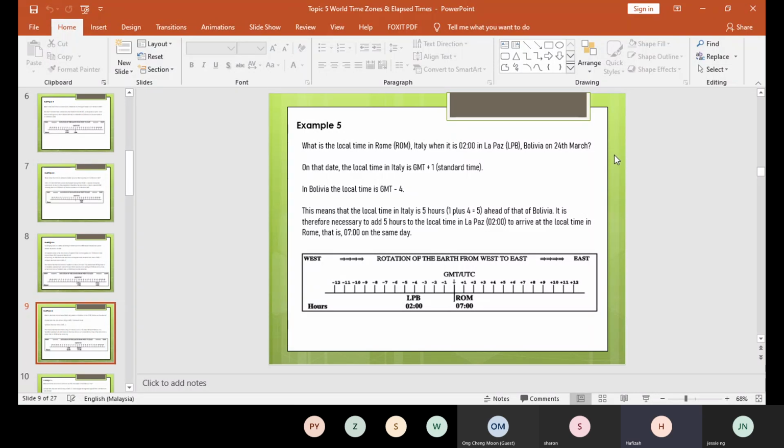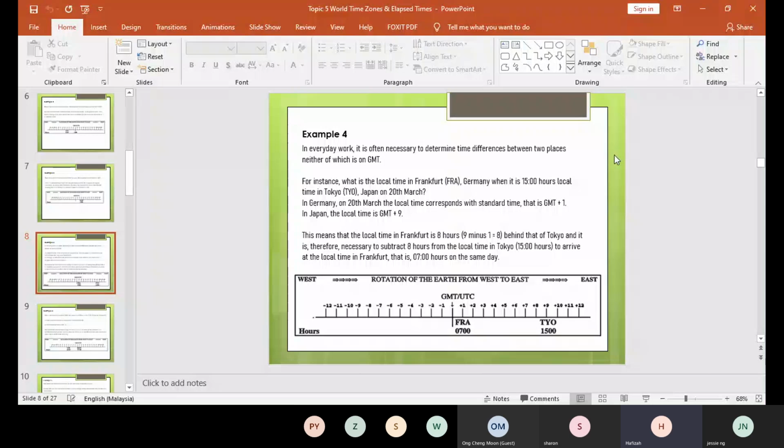If you look here, I have a few examples for you. The easiest one I can give you is what is the time in Malaysia now.